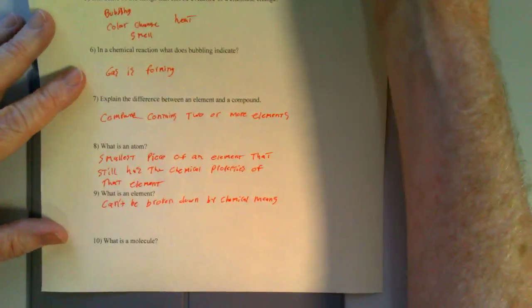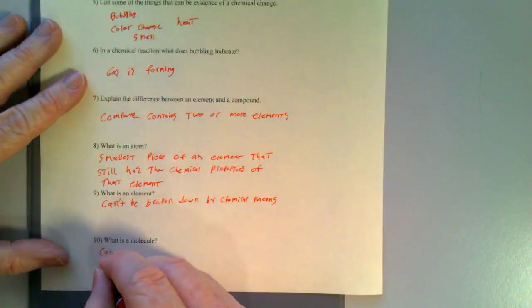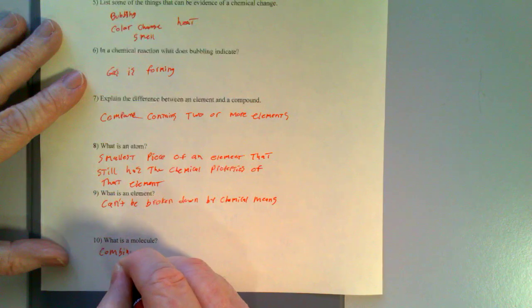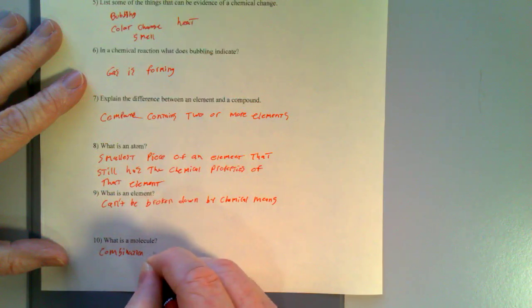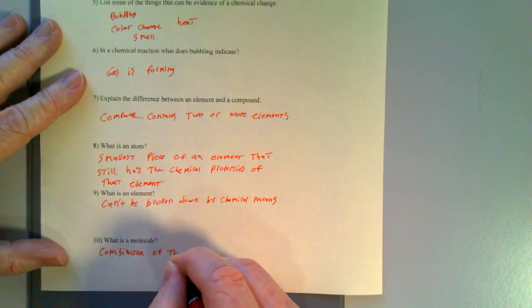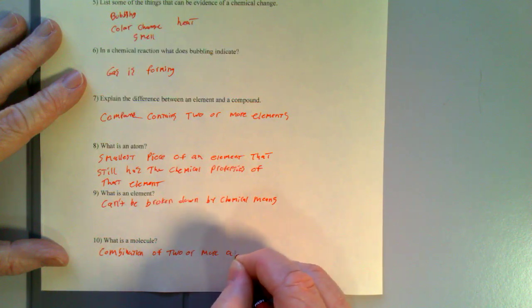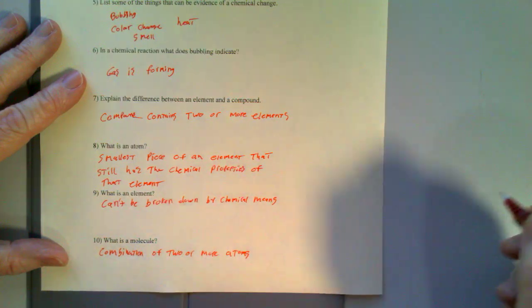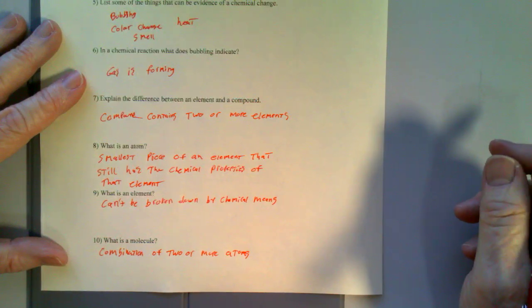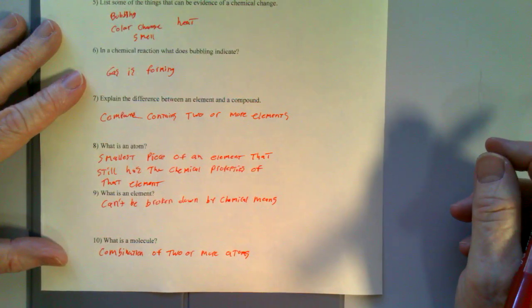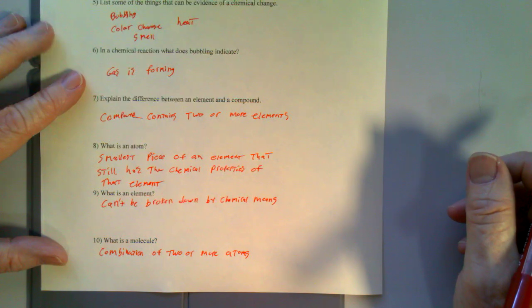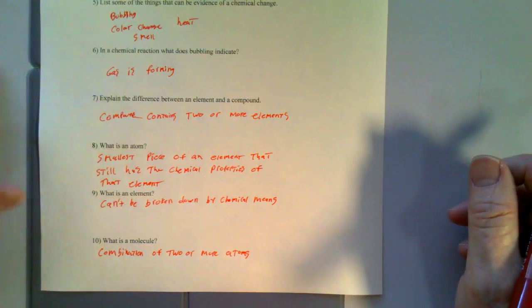And then a molecule is a combination of two or more atoms. They might both be of the same element, they might be of different elements, and it's not limited to just two. It could have many atoms in there.